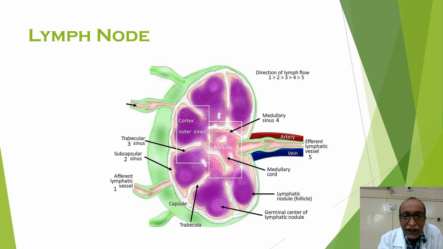Hence, there is an inflow and an outflow, and each lymph node has got its own artery and a vein. This tissue fluid is returned into the cardiovascular system by collection from all the areas, both outside and inside the abdomen, and they are conducted by means of a big thoracic duct.